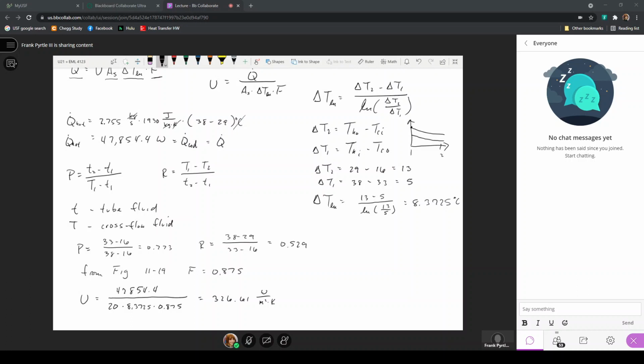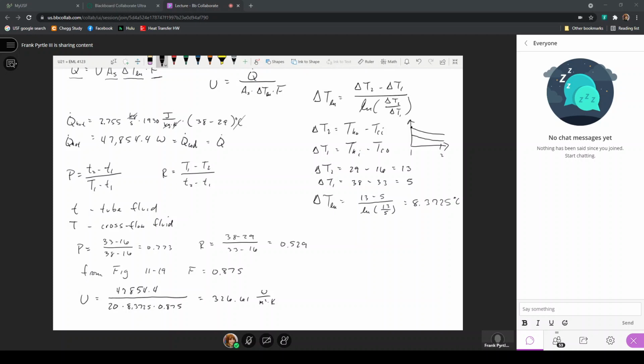So that would be the overall heat transfer coefficient associated with this flow through the heat exchanger. Now, if we changed, let's say, the mass flow rate or the velocity of either one of these fluids, it would again affect the average heat transfer coefficient and thus the average overall heat transfer coefficient.